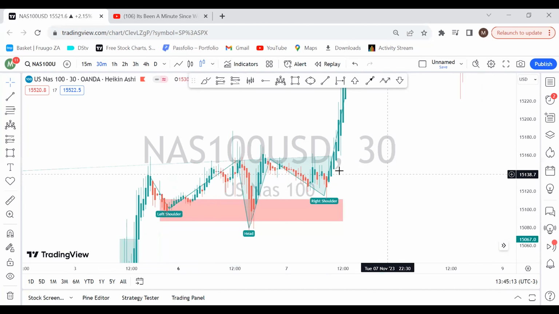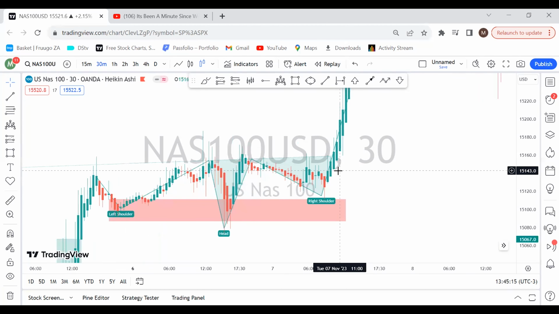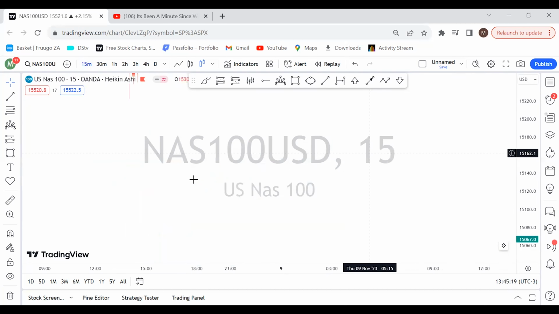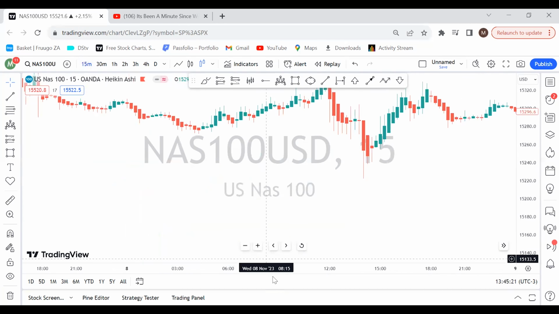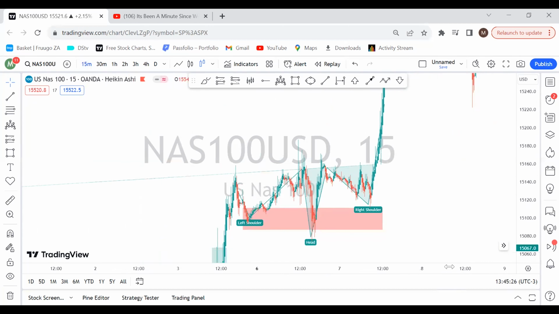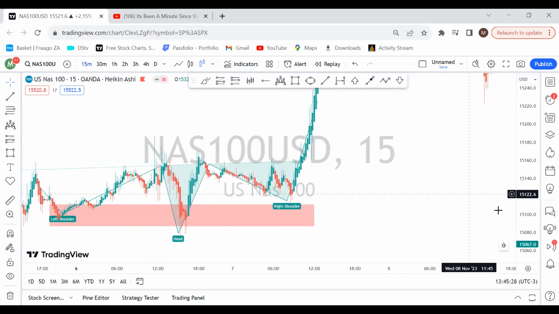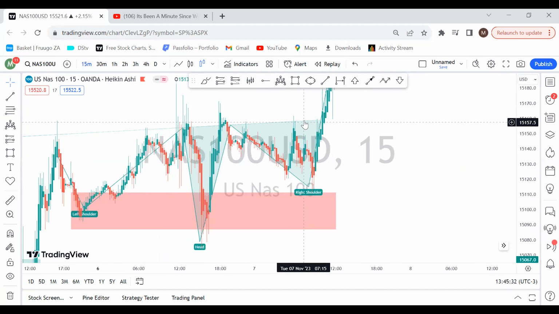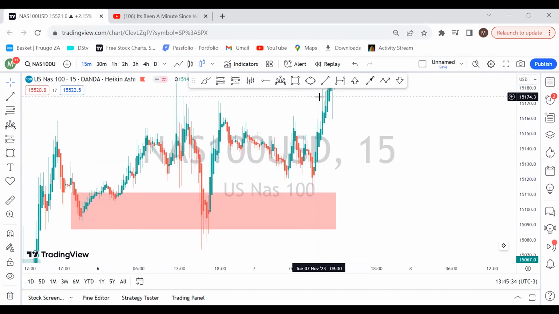So with this one, the price could have gone back to that 15-minute time frame and see what is going on there. Hold on. Okay, let me just remove this pattern.